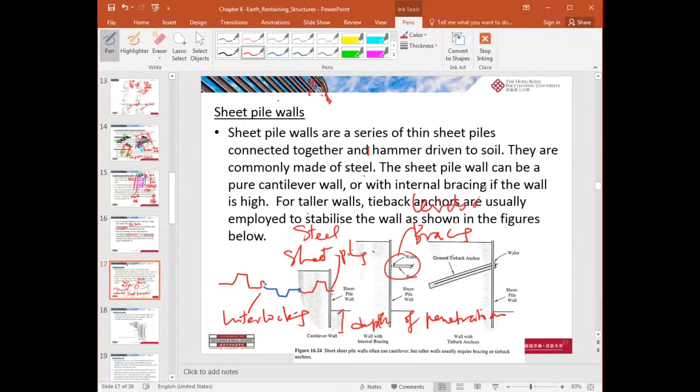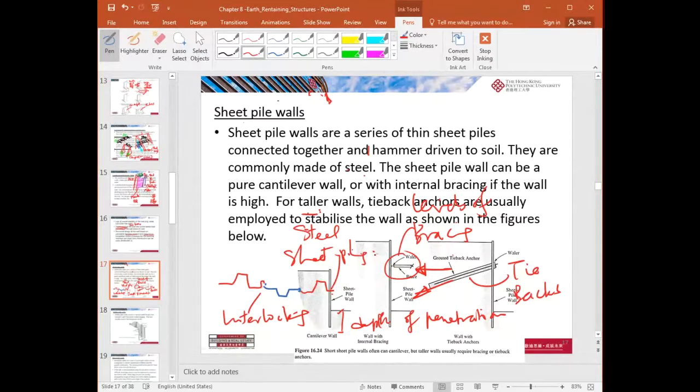Levels of bracing, or the tieback system, the tieback. So the tieback will give you a pulling back force to arrest, to stop the movement of the sheet pile outwards. And here, the bracing will give you the force here.